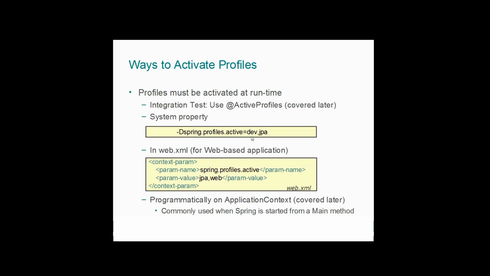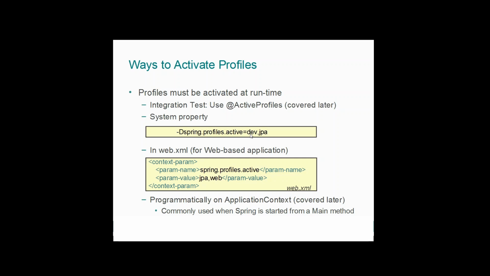I can say dev, production or QA, and I can also combine other, non-conflicting profiles, like JPA or web. These are independent of it. So only the common things will be shared between dev, QA and prod. I need to enable one of them to create the data source or connection factory.